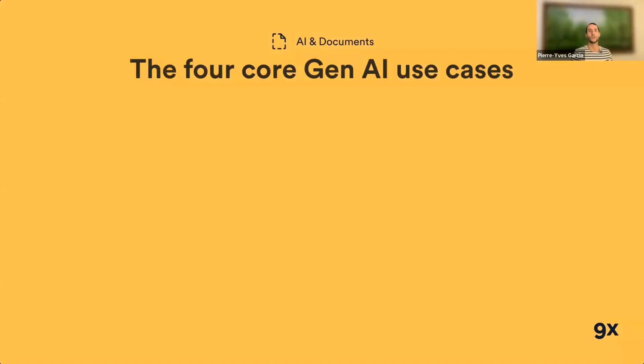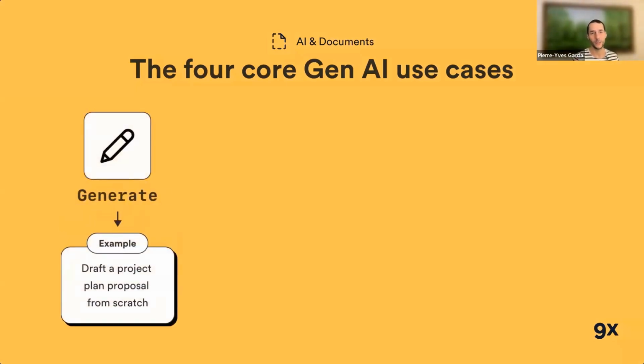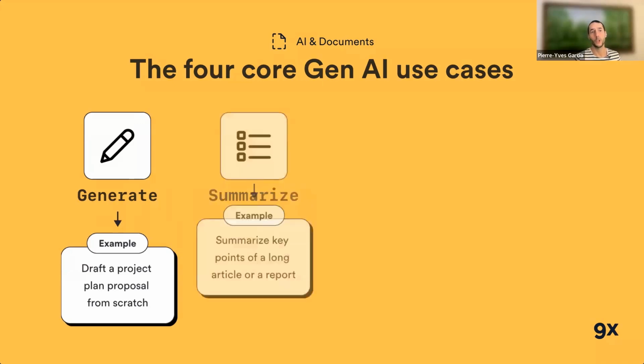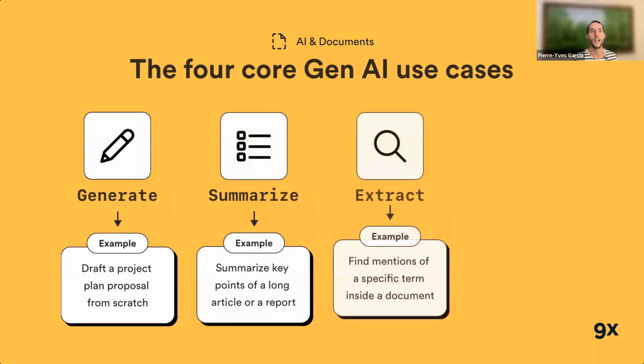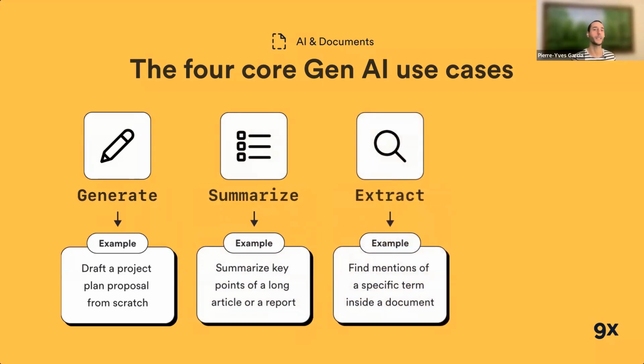All right. So first, you need to understand the four core use cases of generative AI. Within generative AI, you can generate text, so generating a draft for a project from scratch. For example, you can summarize content from one or multiple sources, and these sources, we'll see in an instant, can be files. Extracting information, so extracting specific data points or pieces of information from a given source, that can be a document or several documents.